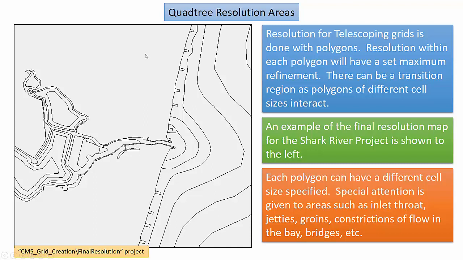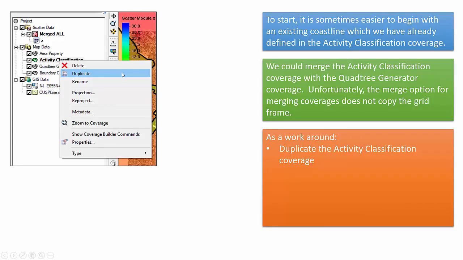So to get started, we don't have all of this yet. All we have is a blank canvas with a Quadtree in it. So one of the things that it may be nice to have is a starting point. We already defined a shoreline when we did the activity classification. And so it would be nice to be able to take that shoreline and add it to the Quadtree generator, so we have something to start with.